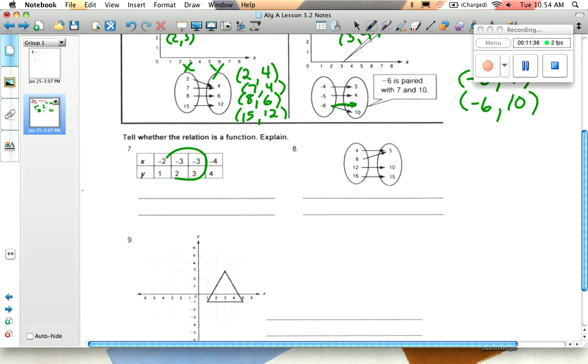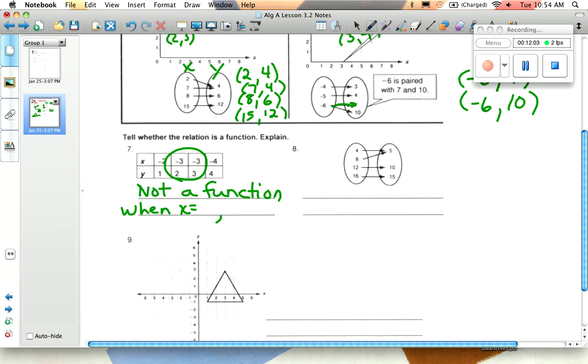So let's circle that in our table right there. Not a function when x equals -3. How many different y values do we have? When x equals -3, I'm sorry, no wonder you couldn't understand what that was.